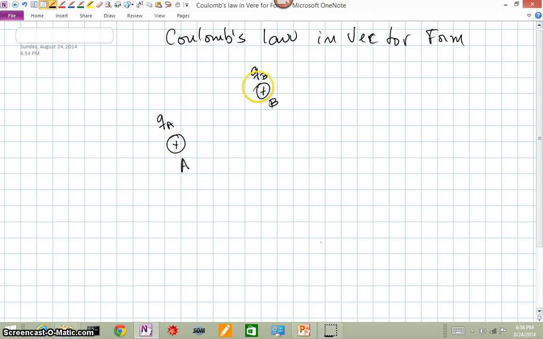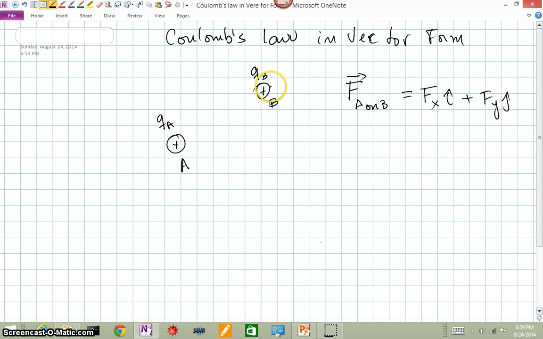So we know these two charges are going to repel, and we want to find out how to write F, the force from A on B, the force on this guy in vector form. That will be something of the type Fx, some component in the x direction, times i plus Fy, some component in the y direction, times j.